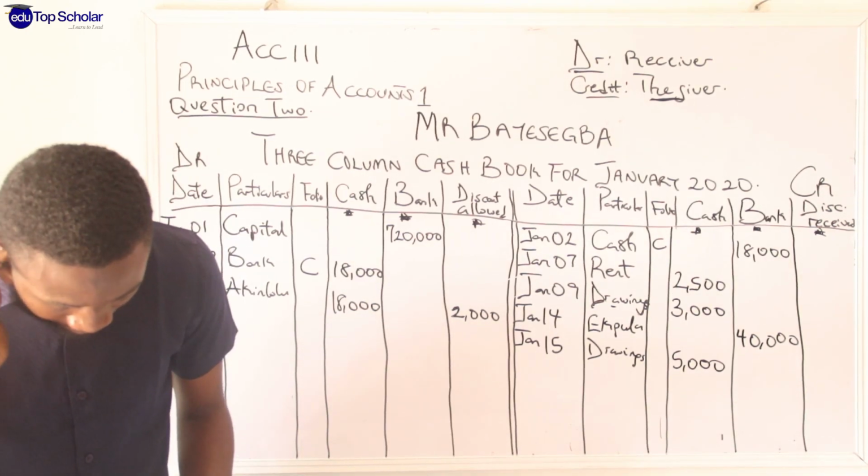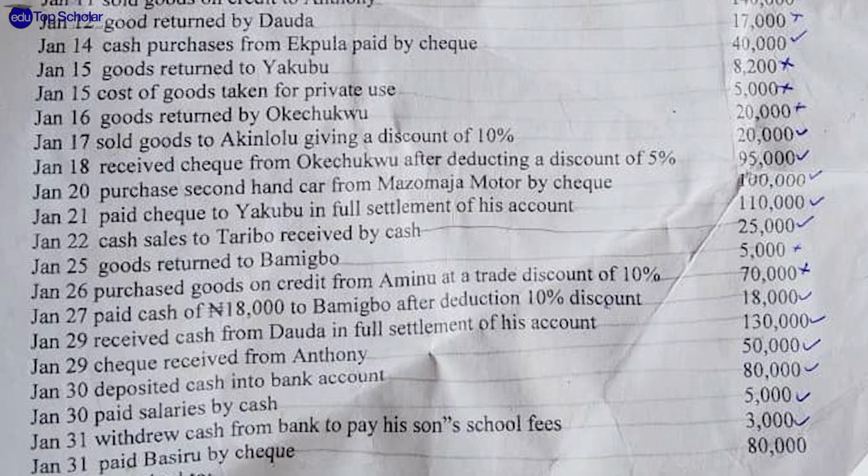So the next one says that January 18, we received check from Okechukwu after deducting a discount of 5%. It says we received check, that is, we received money into our bank from Okechukwu after deducting a discount of 5%, and it amounted to 95,000 naira.